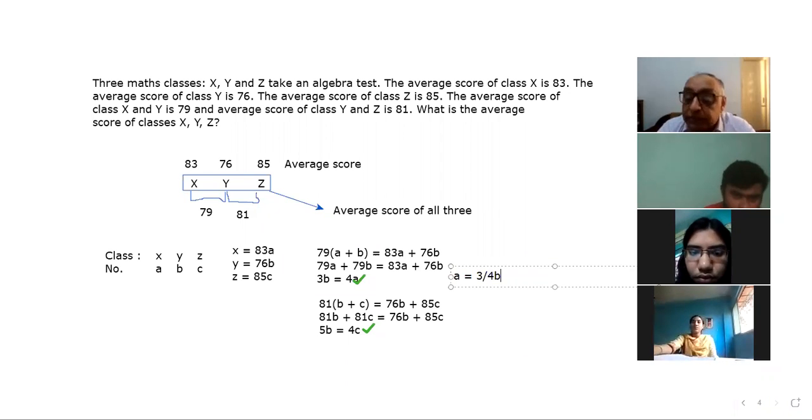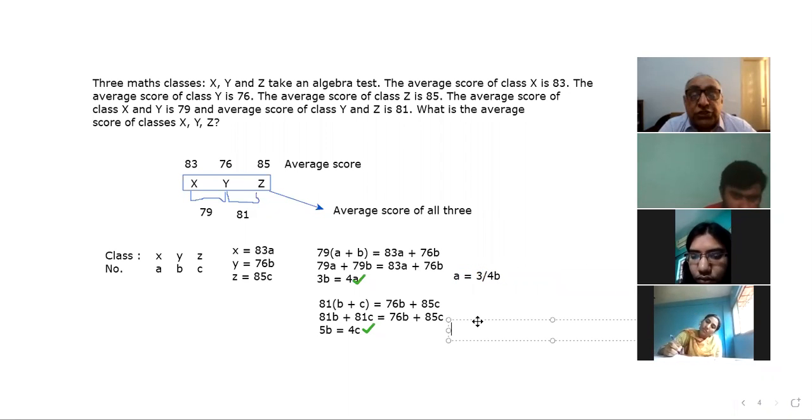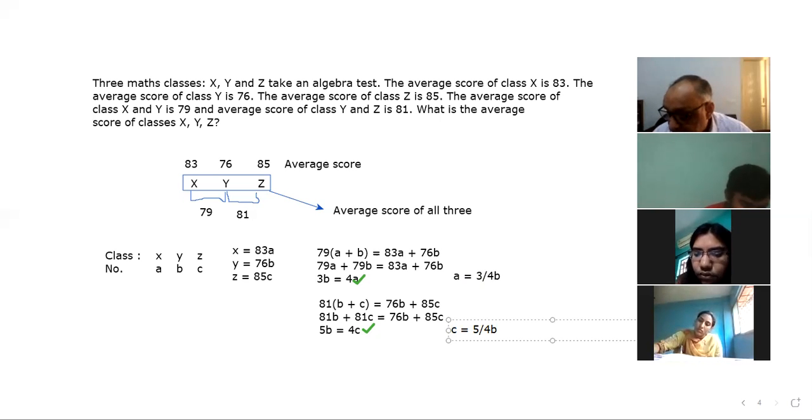From this equation we get that C is equal to 5 upon 4B. We have reached this conclusion from here, that C is equal to 5 upon 4B. So I think this is clear to you.